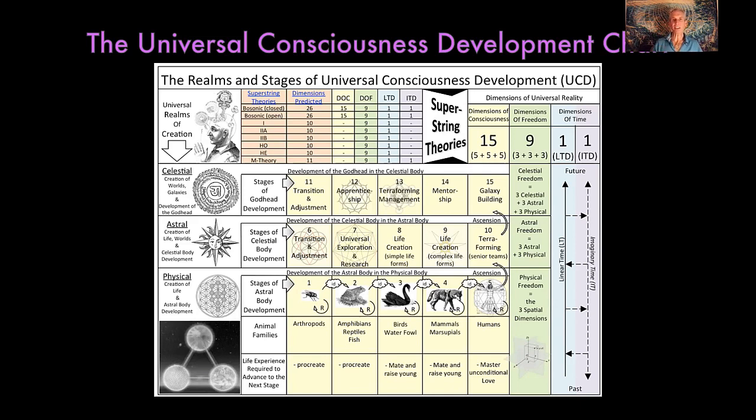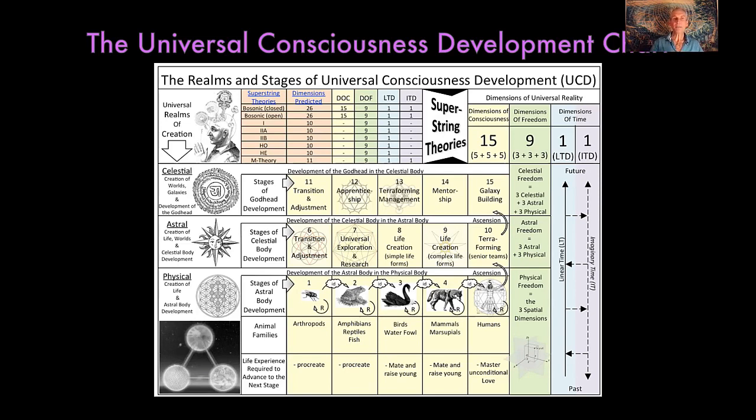So that's one example. And it turns out there are other dimensions of consciousness at the astral level, 4 other dimensions. I'll just give you a hint. The sixth sense, intuition, or ESP, is one of them. Telepathy is one of them. So I'm not going to mention all of them right now because I'm running out of time.